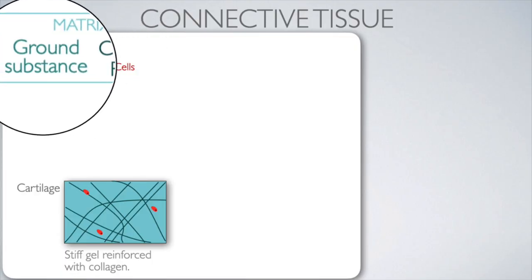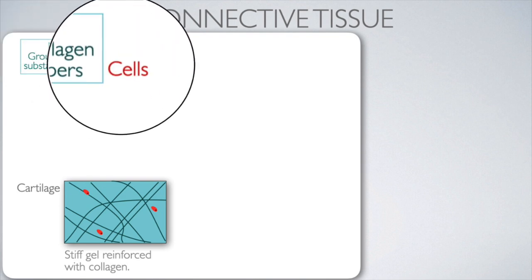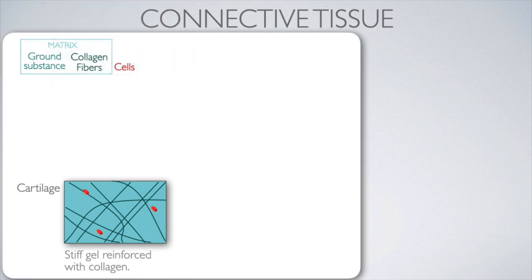Then we also have this ground substance, and in addition, these support cells. Together, the ground substance and the collagen fibers compose what is referred to as the matrix. We started with tendon, but we have a similar composition for cartilage, where we have supporting cells suspended in the matrix.